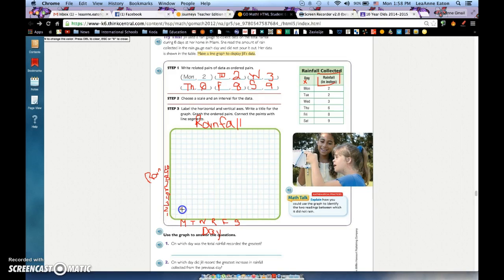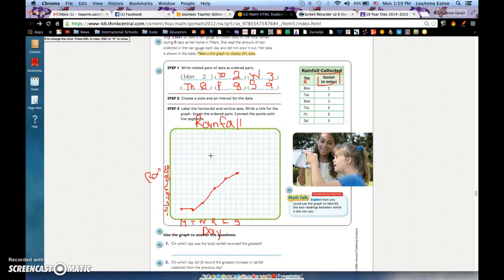Monday 2, Tuesday 2, Wednesday 3, Thursday 6, Friday 8, and Saturday 9. And then because we're charting over time, we're going to draw lines between them. Okay?